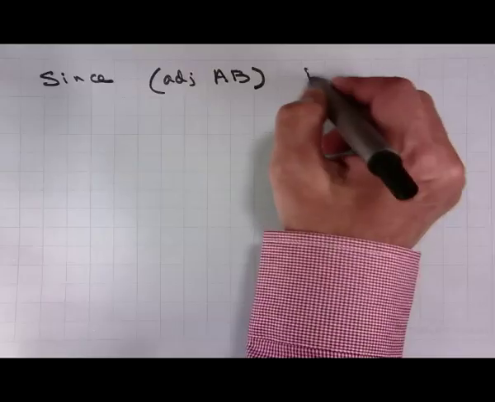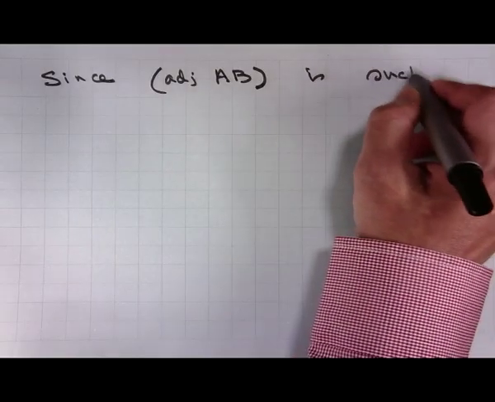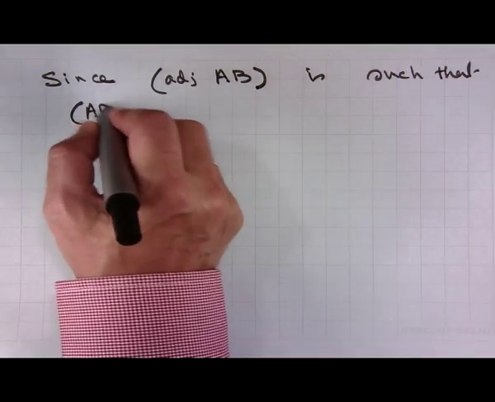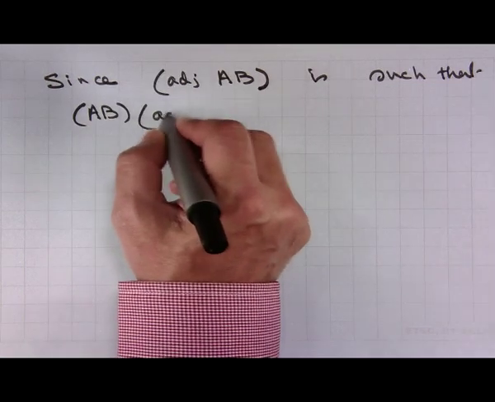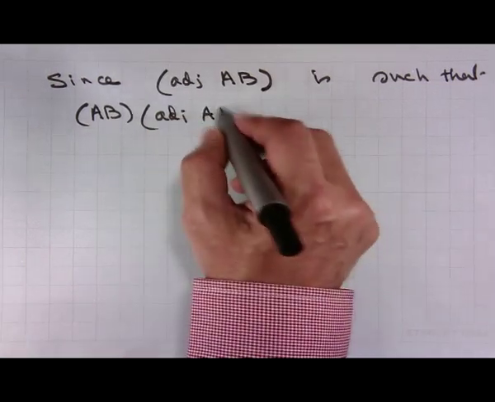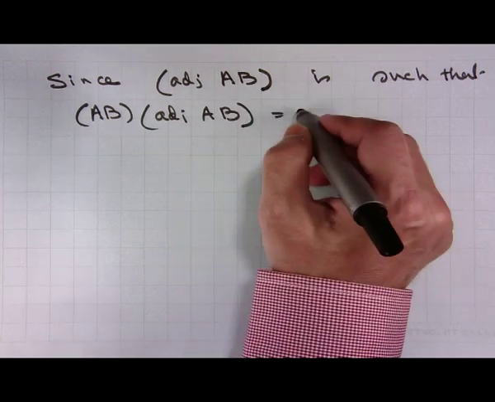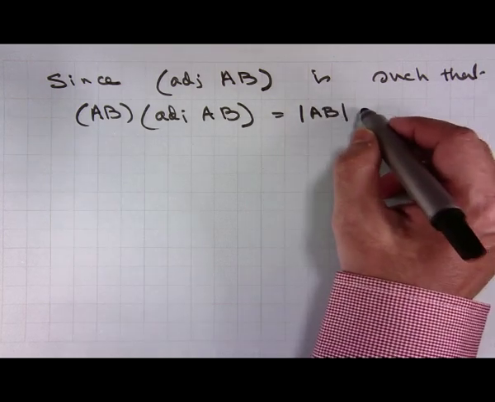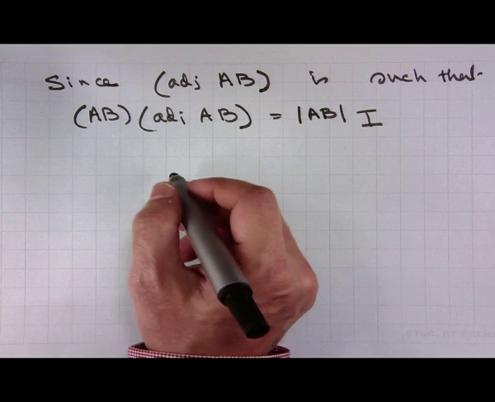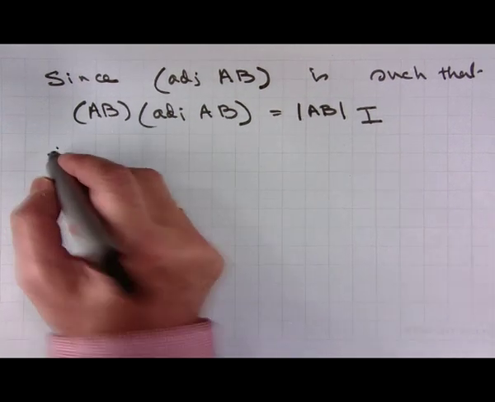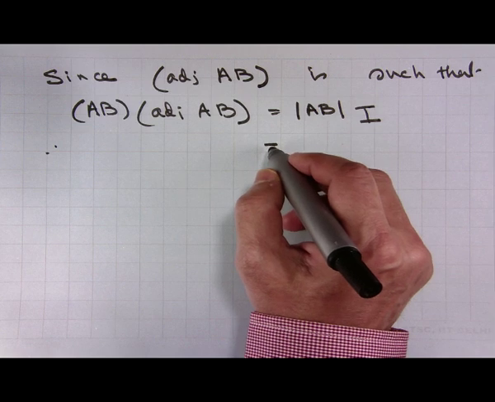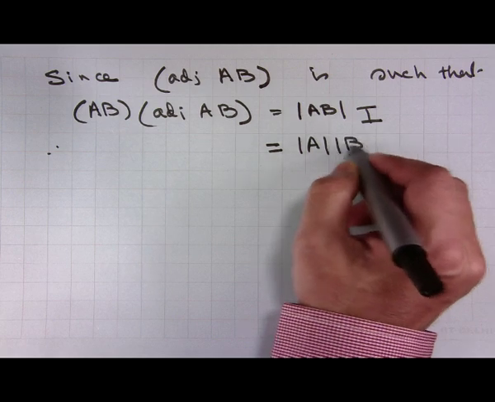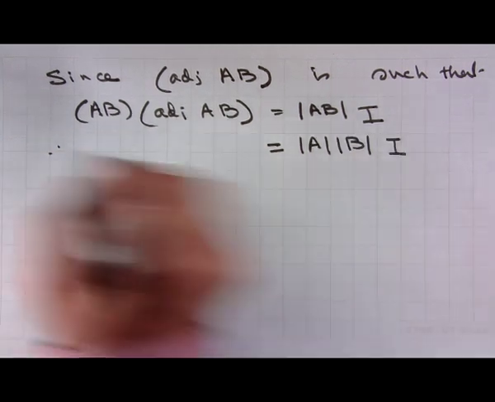Since adjoint of AB is such that AB multiplied by adjoint of AB is equal to determinant of AB into identity, which is equal to determinant of A into determinant of B into identity.